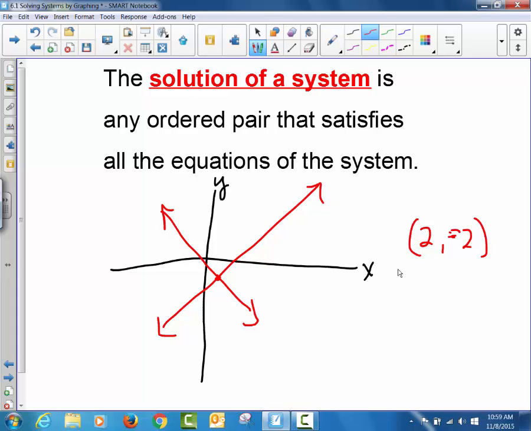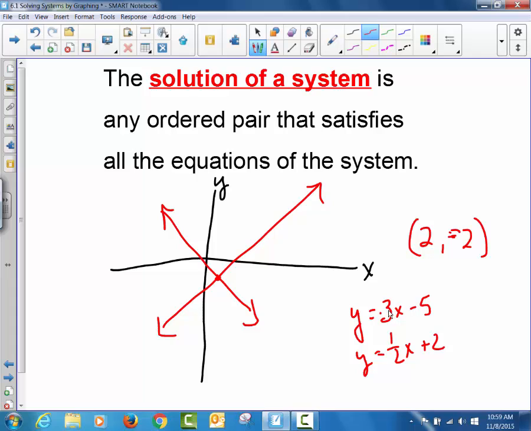What that means is that, now this is just an example. You can't take this one and plug it in and find out if it's true or not. But say you've got y equals 3x minus 5 and y equals 1/2 x plus 2. What that means is that I could take this x, 2, plug it in here for the x, and this negative 2 and put it right here for the y.